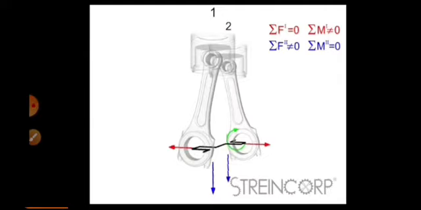The red line indicates sum of force is equal to 0 and sum of mass is not equal to 0, for the first cylinder. For the second cylinder, in blue, sum of force is not equal to 0 and sum of mass is equal to 0.